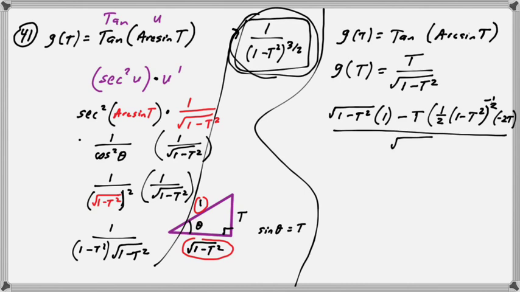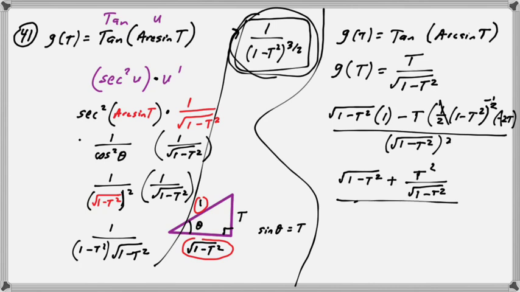All over the bottom squared. So what do I have? I have radical 1 minus t squared. Minus and a minus makes it a plus. The 2 and the 1/2 cancel. T times t is t squared. And the negative 1/2 means the radical is on the bottom. So this is 1 minus t squared because you squared the square root.